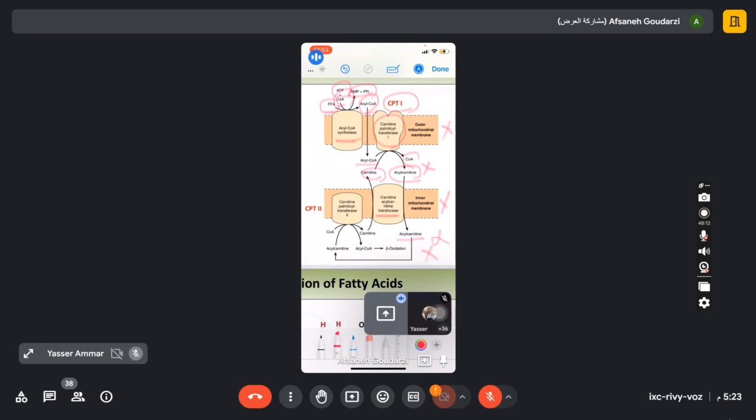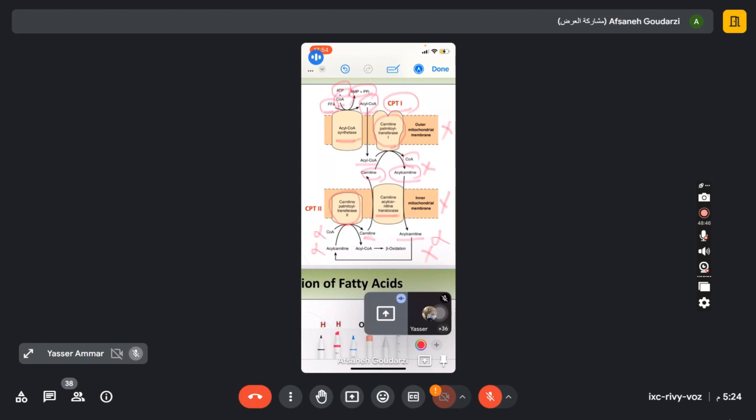the mitochondria, and now we should change acyl-carnitine to acyl-CoA again, because in beta oxidation we start with acyl-CoA, not with acyl-carnitine. This is done by another enzyme known as CPT2, carnitine palmitoyl transferase 2. In the matrix, it removes the carnitine from acyl-carnitine, and it adds coenzyme A to the acyl part.